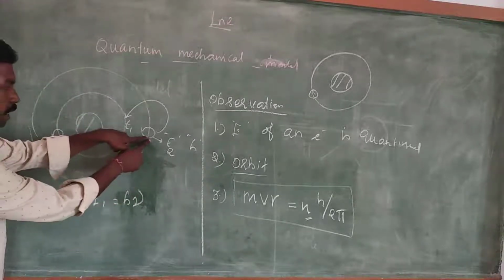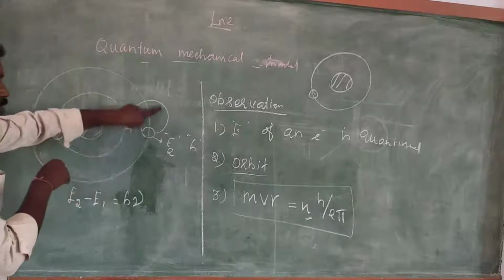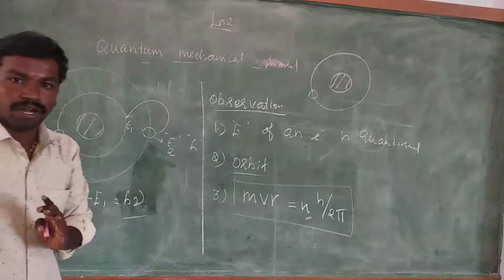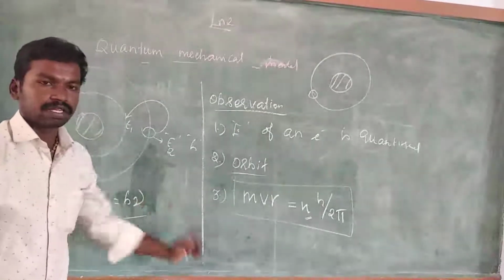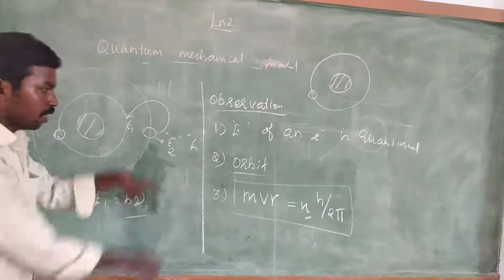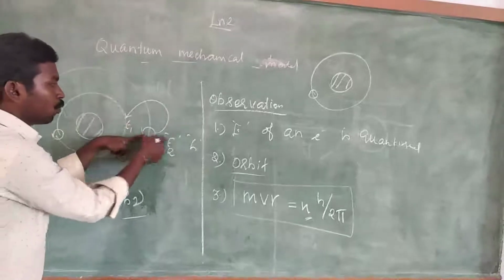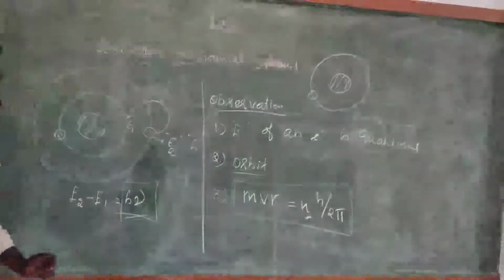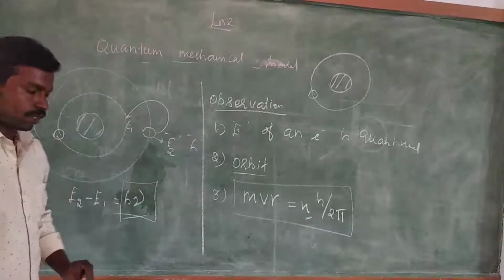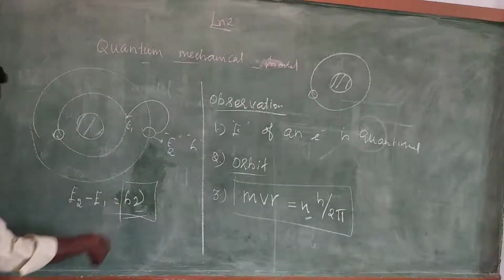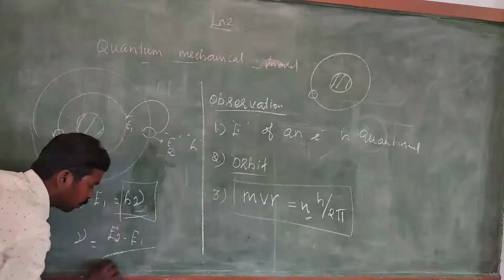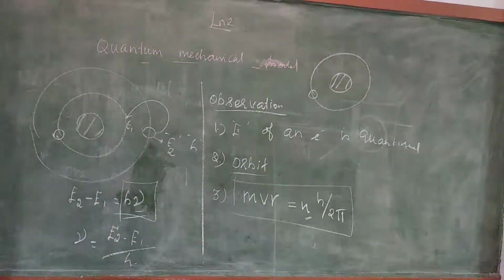When the electron is jumping from the higher state to the lower state, the excess energy is emitted in the form of radiation. That is the packet of energy h nu. From this we can find the frequency: nu is equal to E2 minus E1 divided by h.